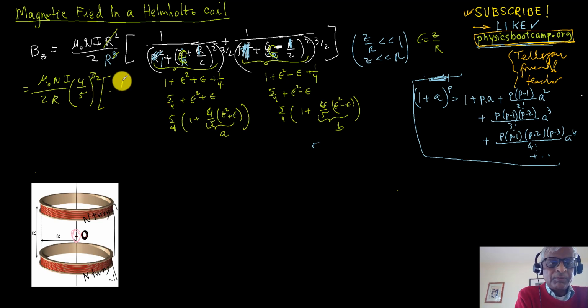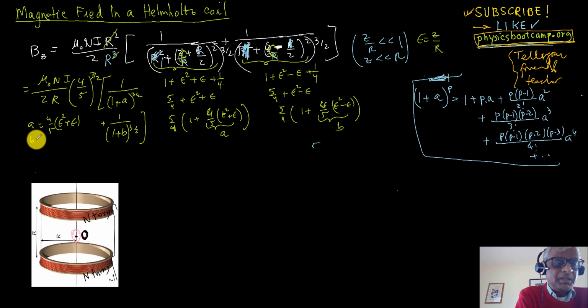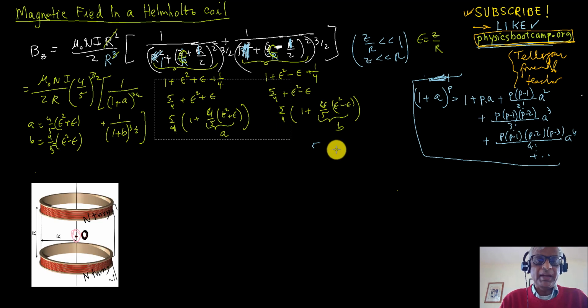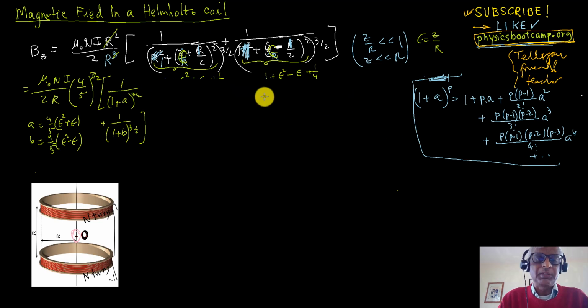So from the first expression I have 1 plus a to the power 3/2, and from that second expression I have 1 plus b to the power 3/2, and a equals 4/5 epsilon squared plus epsilon, and b equals 4/5 epsilon squared minus epsilon. So after I expand this, we should have a very easy expression to work with. Let's see if we can.